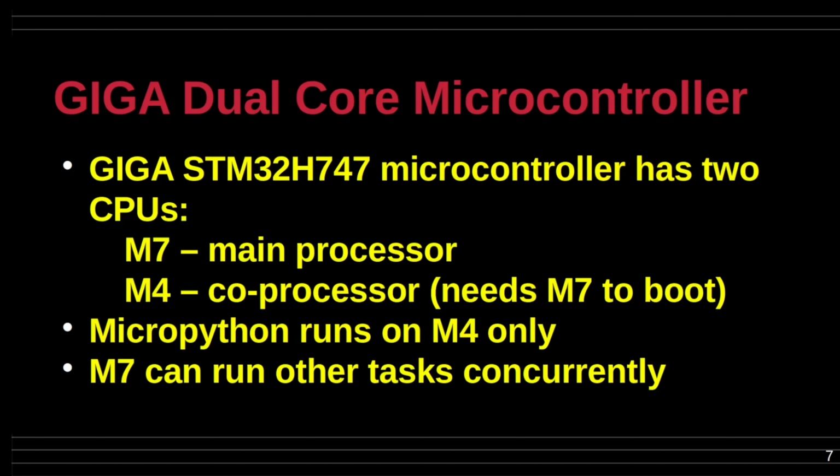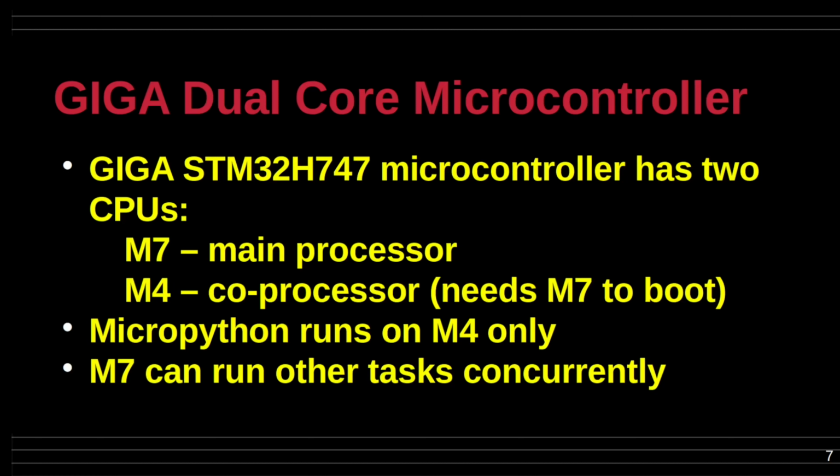While the M7 core isn't directly used by MicroPython, it remains available for other tasks. One can program the M7 core using Arduino C++ code to handle more demanding operations alongside the MicroPython scripts.